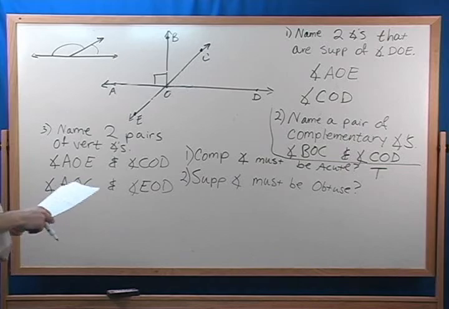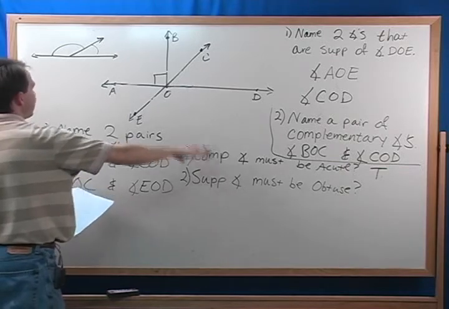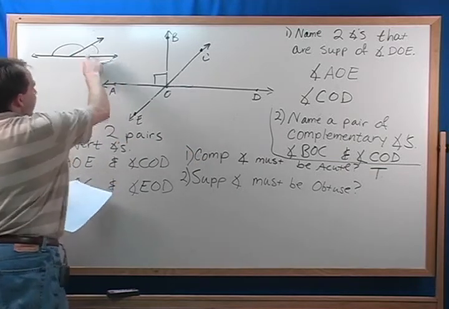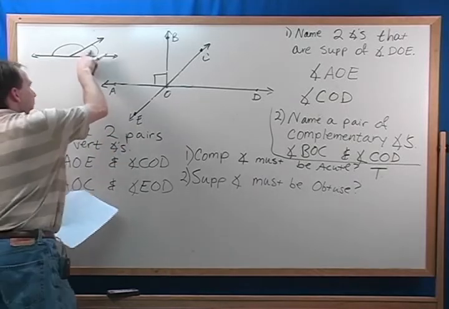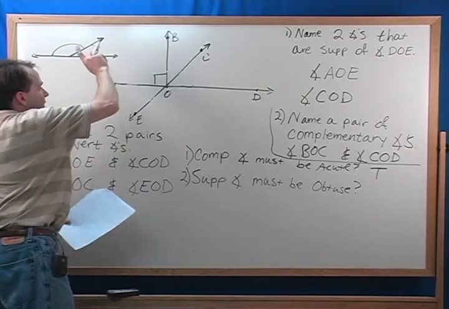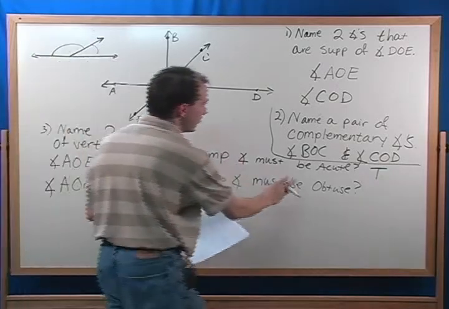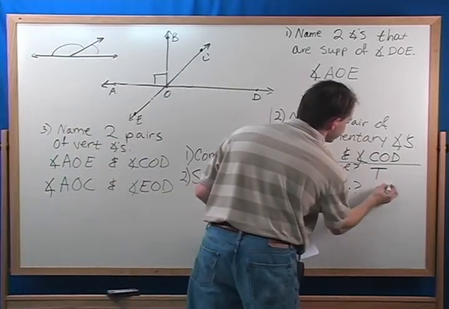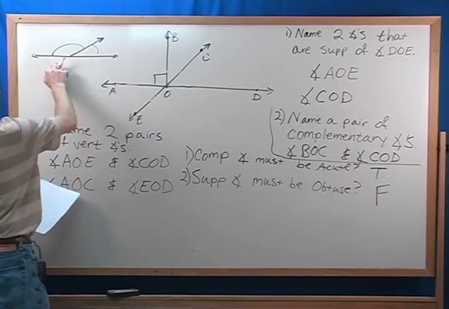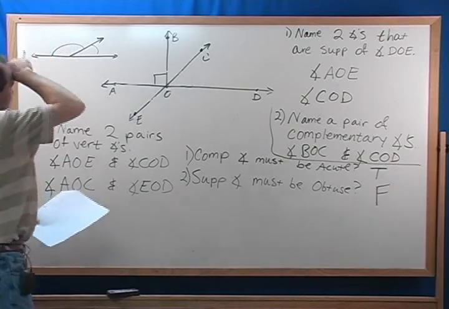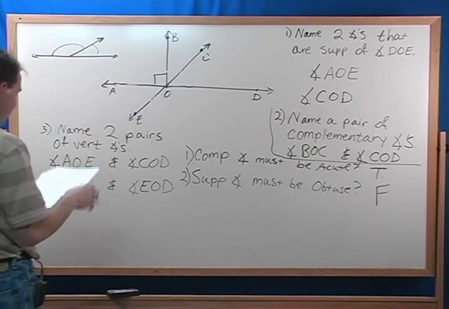It is less than 90 degrees. So I've already found a counterexample: two angles that are supplementary because they add up to 180 degrees, but yet one of the angles is less than 90 degrees, which means it's acute. So this is not always true. Supplementary angles, one of them is obtuse usually, but one of them is acute. And you can see that by drawing a picture.